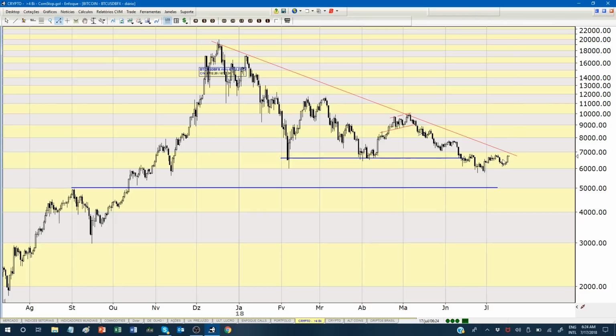And if that happens, I think we're going to have a very rapid move up, first to the $10,000 and then all the way to the $100,000.